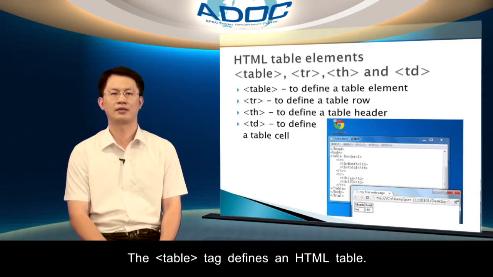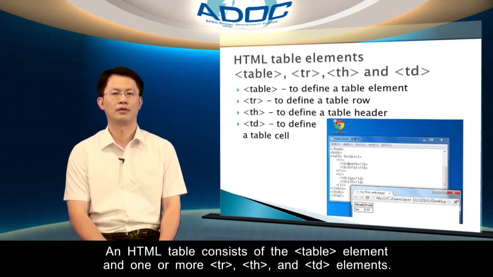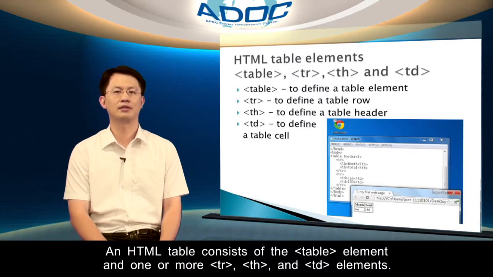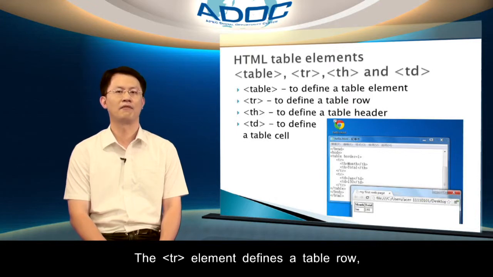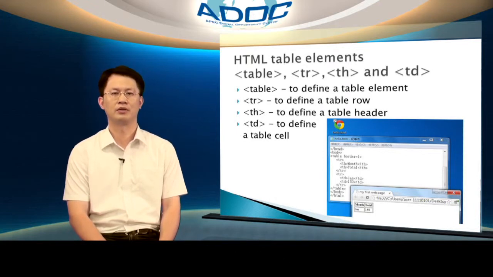The table tag defines an HTML table. An HTML table consists of the table element and one or more tr, th, and td elements. The tr element defines a table row.